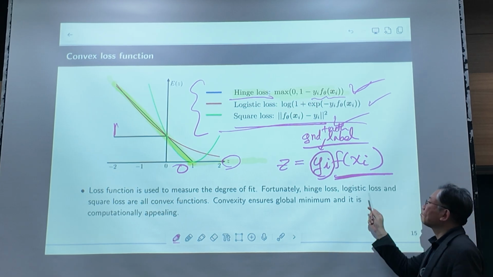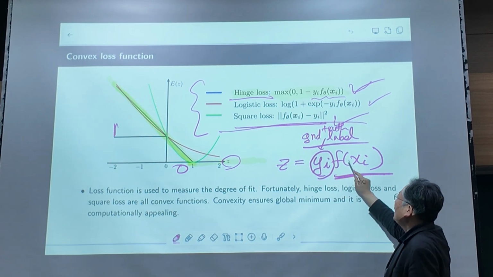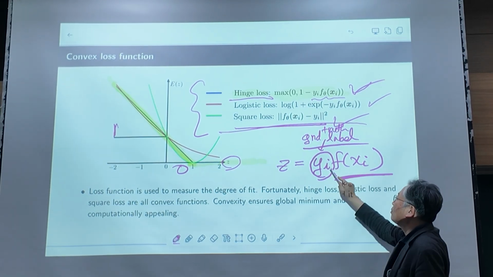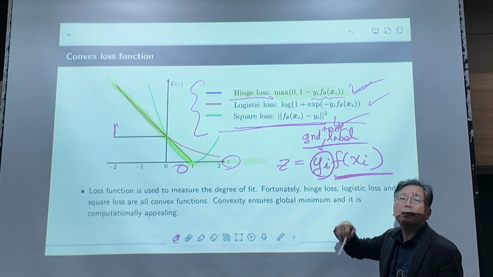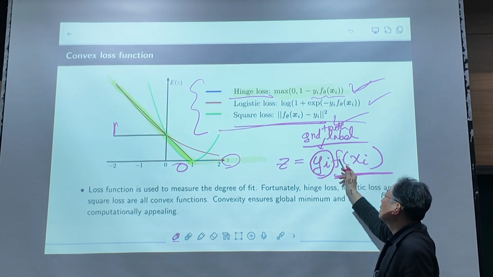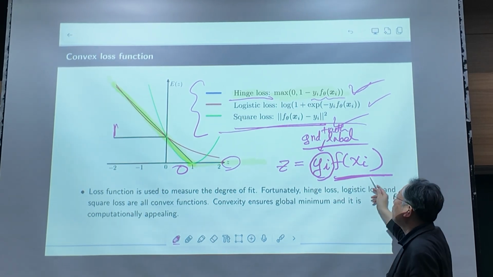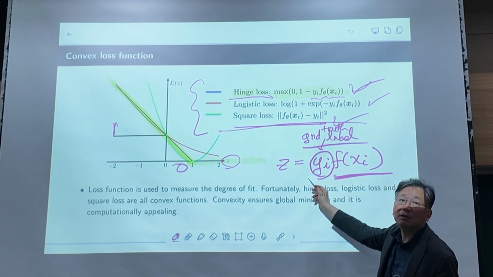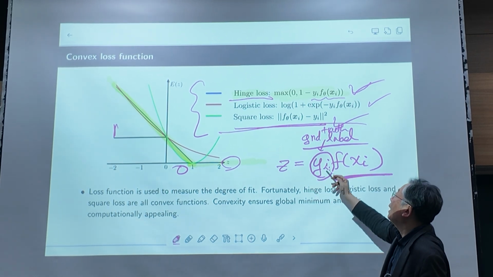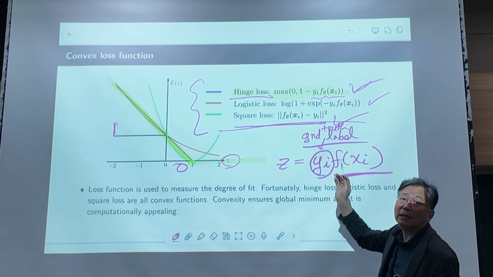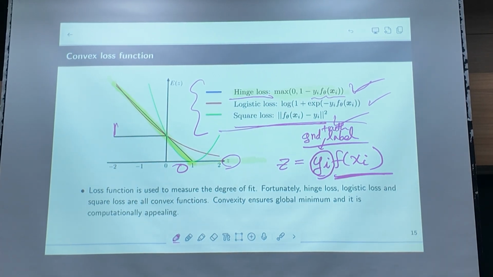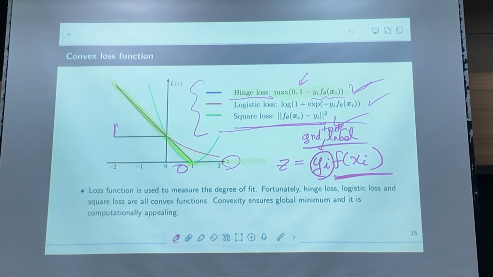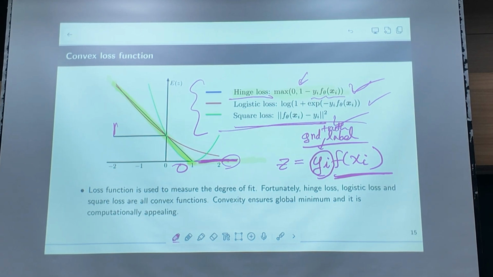So when the predicted label and the ground truth label are in agreement, this value would be a positive value. And if it's greater than 1, then this whole thing takes value 0.